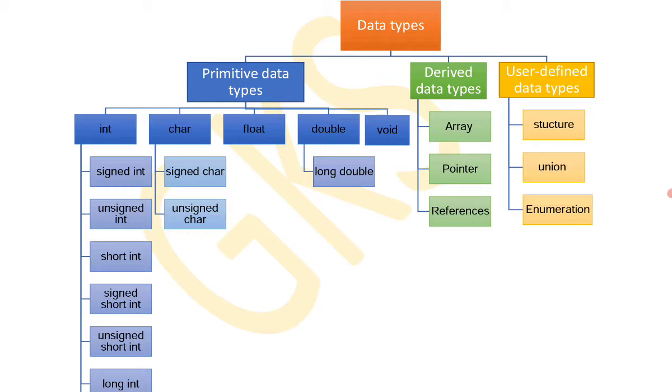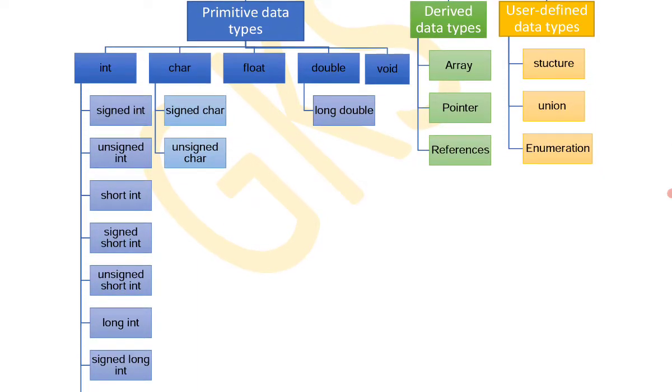And the void data type is simply used to return null values, null data types, or for defining null functions.